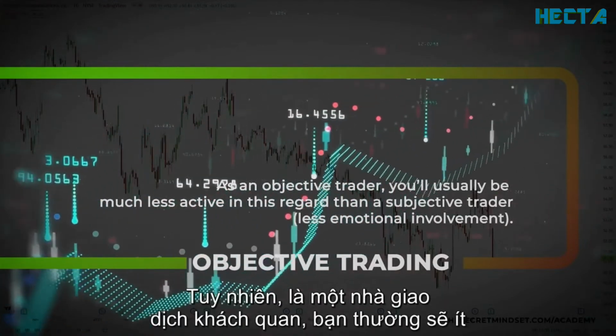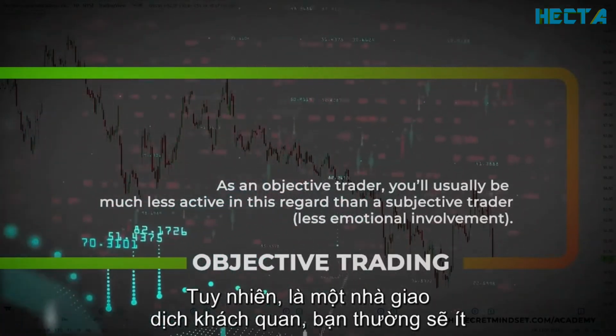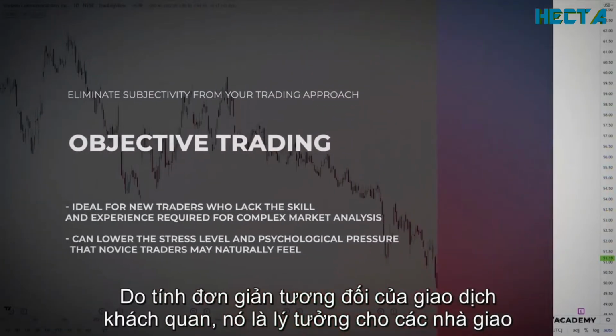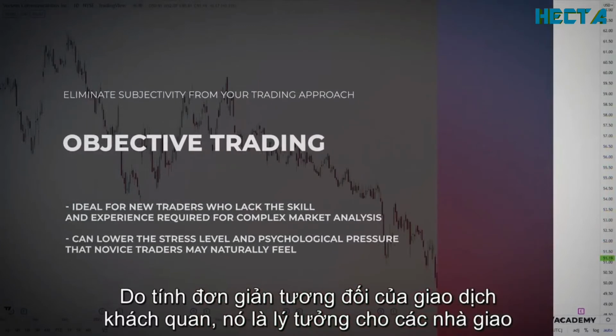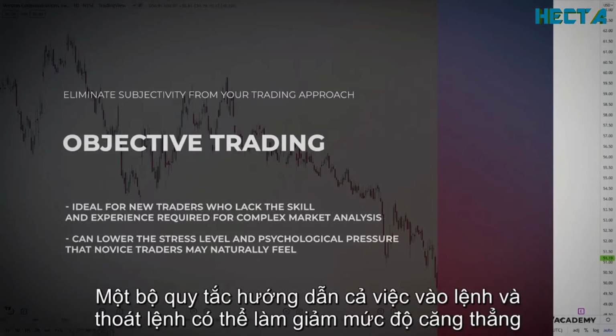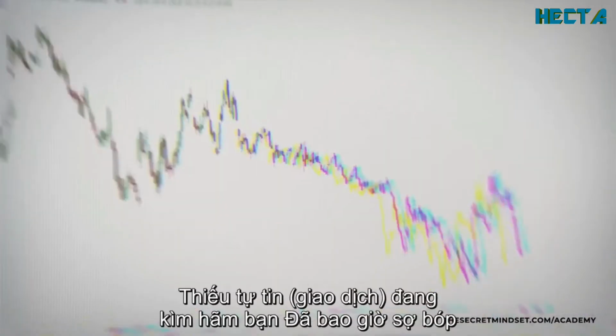However, as an objective trader, you'll usually be much less active in this regard than a subjective trader. Due to the relative simplicity of objective trading, it's ideal for new traders who lack the skill and experience required for complex market analysis. A set of rules to guide both trade entries and exits can lower the stress level and the psychological pressure that novice traders may naturally feel.